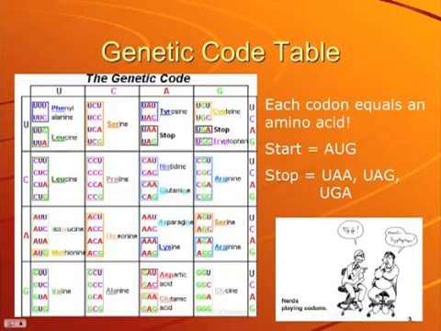You'll see on the far left are the first letters, the top are the middle letters, and the right side are the end letters. There is what's known as a start codon, AUG, which, if you look in the code table, codes for methionine. If you remember back to transcription, the promoter codes for the start codon, which then makes methionine.